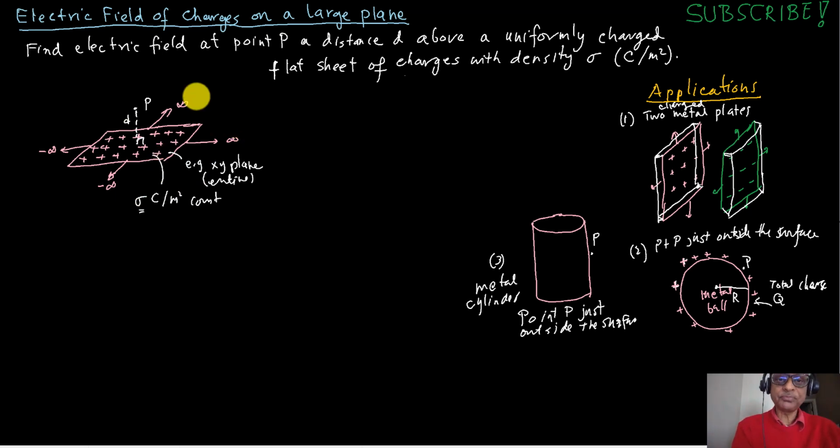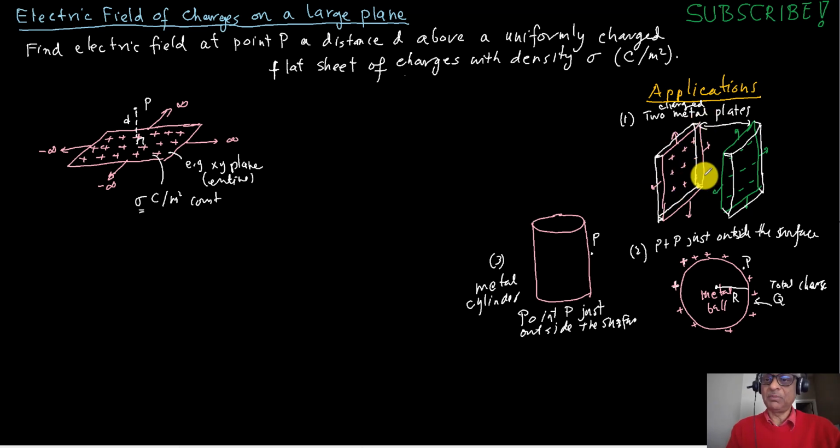Okay, but we're going to do this problem because we will use it to find solutions to more interesting physical problems like this one. Say you have two metal plates, and they face each other with opposite charges, and they're not separated by a large distance compared to the size of the plates.